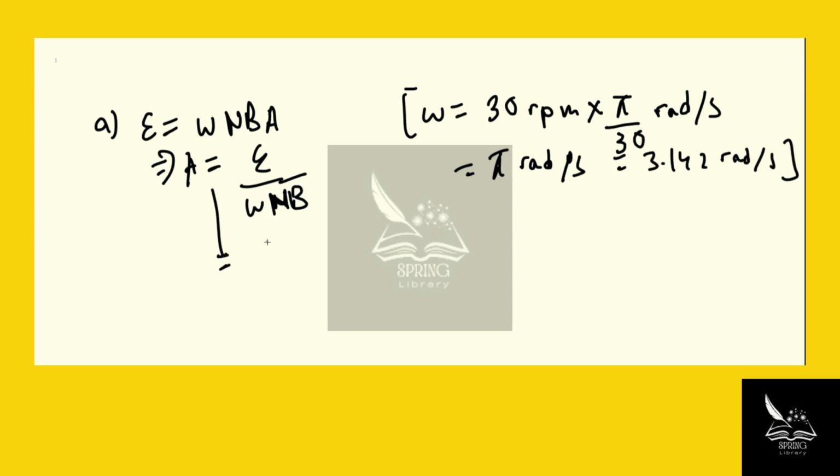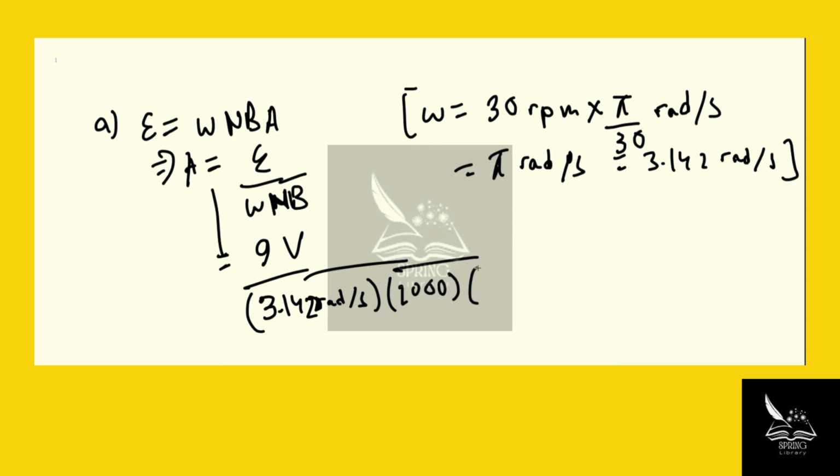And so A turns out to be 9 volts over 3.142 radians per second, times 2,000 turns times 8 times 10 to the negative 5 Tesla, giving us an area of 18 square meters.